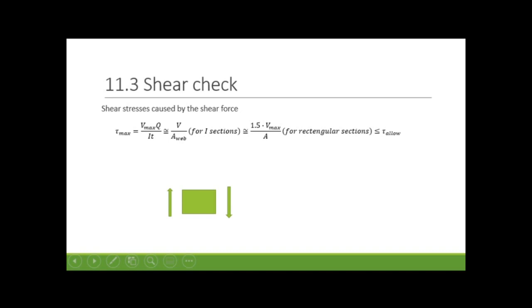The maximum shear stress should be less than the allowable. If our section does not satisfy these requirements, we have to update our chosen section in order to satisfy this check.